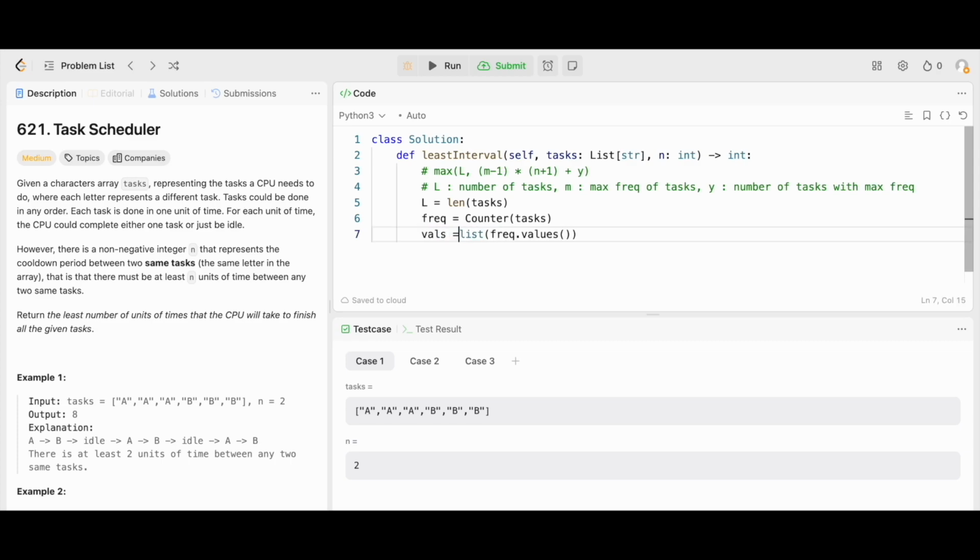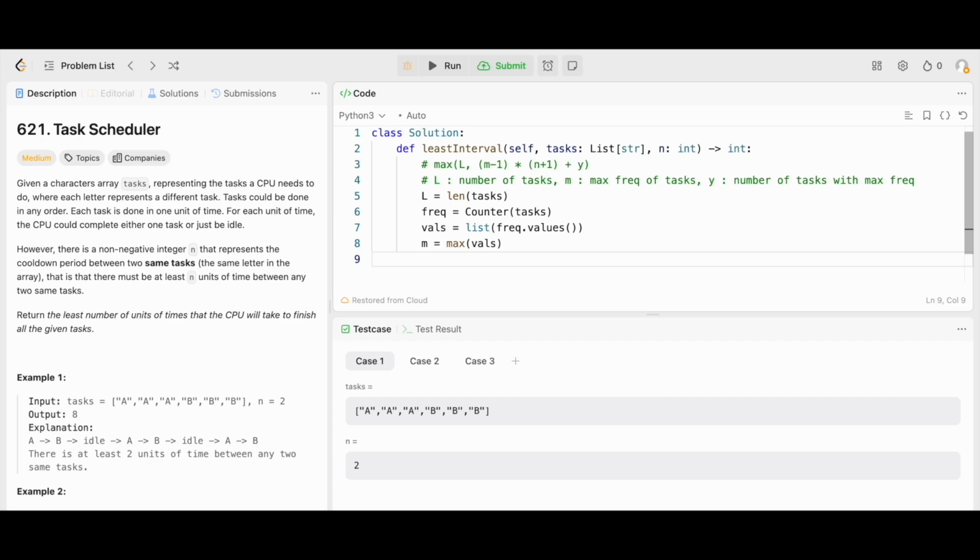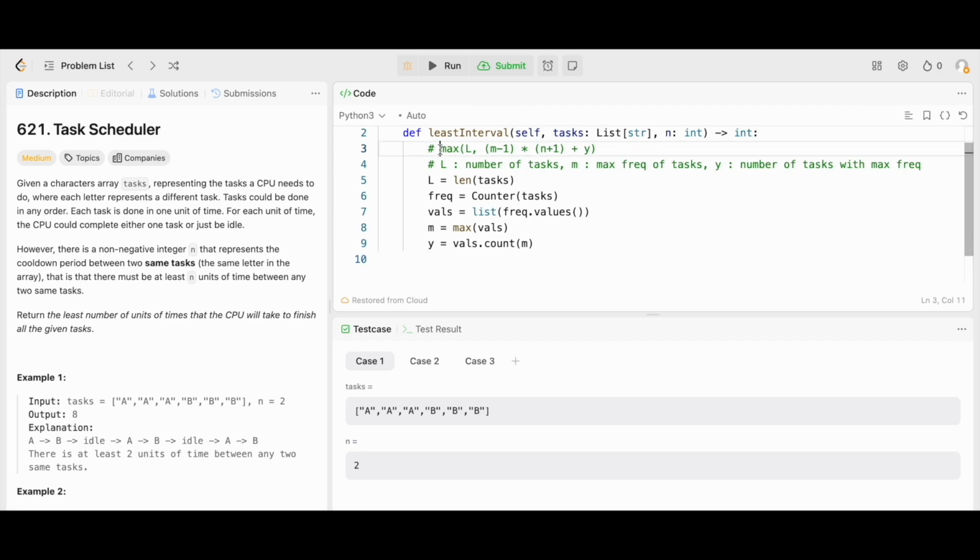So this is the list of values, and if we take the max of this, that will be the M. Max of values is the maximum frequency, and we need to count the number of tasks that have this maximum frequency, which is Y. So then we finally just return the value of this formula.